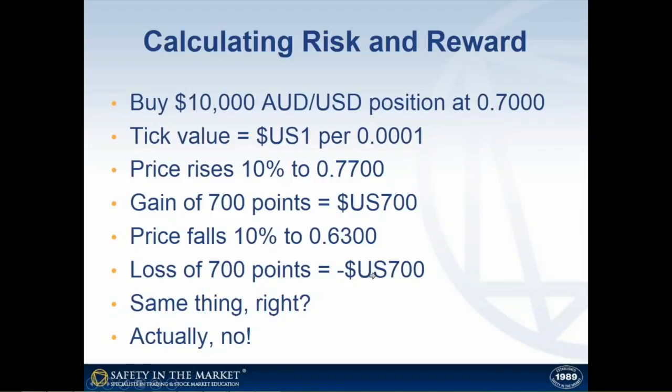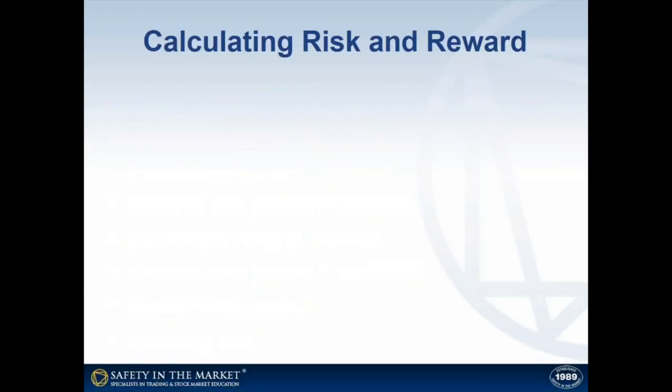If you've had a loss of 700, it's because the price has gone down to 0.6300. You've got to convert your loss into Australian dollars at an exchange rate of 0.6300. So they're going to be converted into Australian dollars at two different rates, which means they cannot be the same dollar gain or loss. It's going to be different. Let's jump onto the next slide now and see how that works.